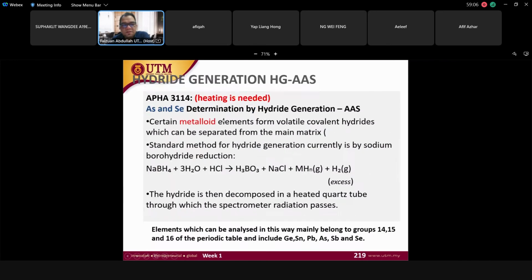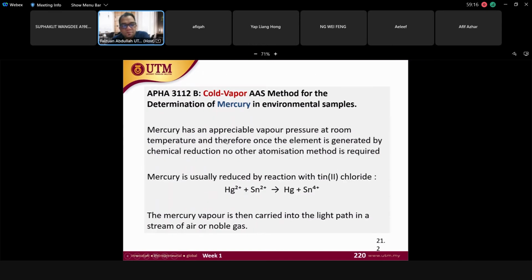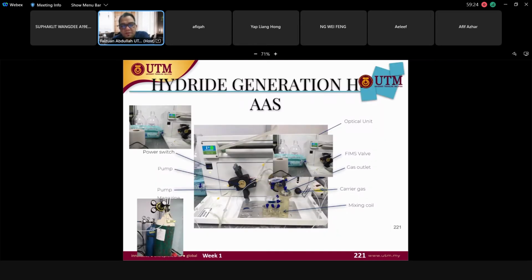Okay, the hydride generation is special for metalloid elements such as arsenic and selenium, which are very sensitive to heat. And of course, mercury is much more sensitive to heat. So we have a special instrument just for mercury, which is the cold vapor AS, right? So hydride generation and cold vapor both do not involve heating.